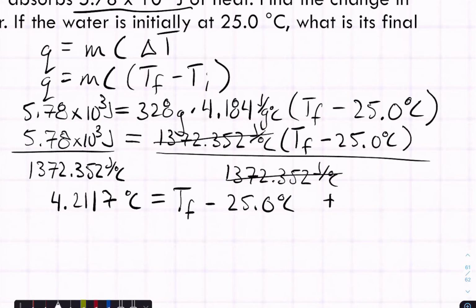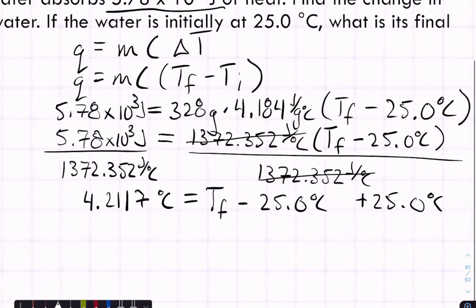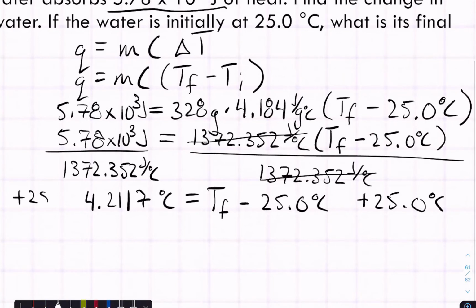Yep, add 25.0 to both sides, because it's a negative. Right, it's being subtracted here, so it's a negative 25. And then plus 25.0 degrees C over here. So this will be 29.2117 degrees C equals T final.